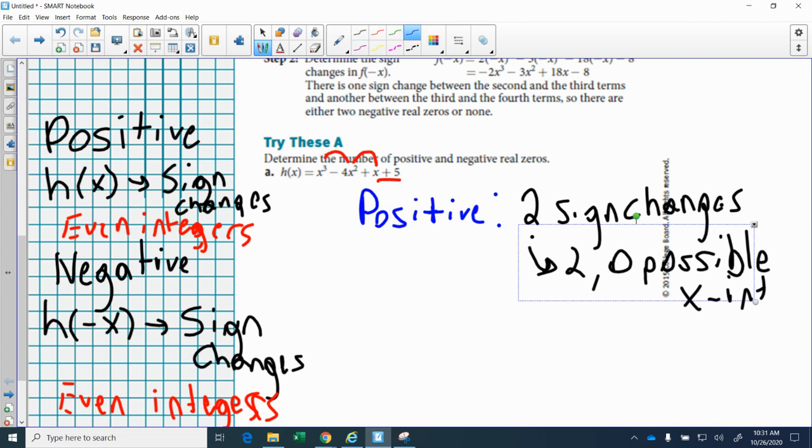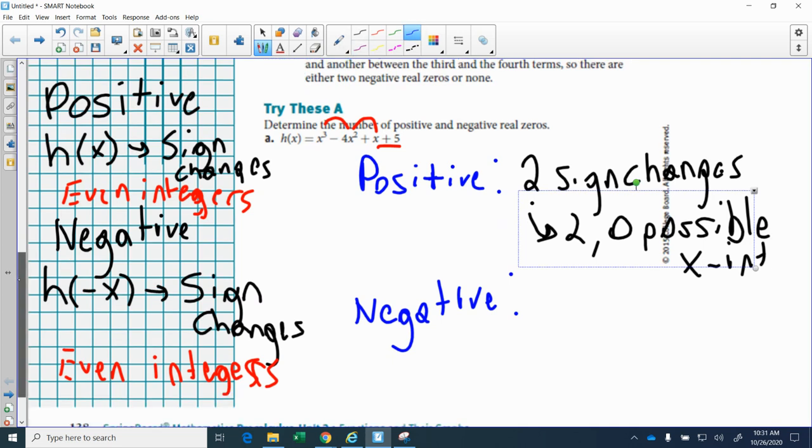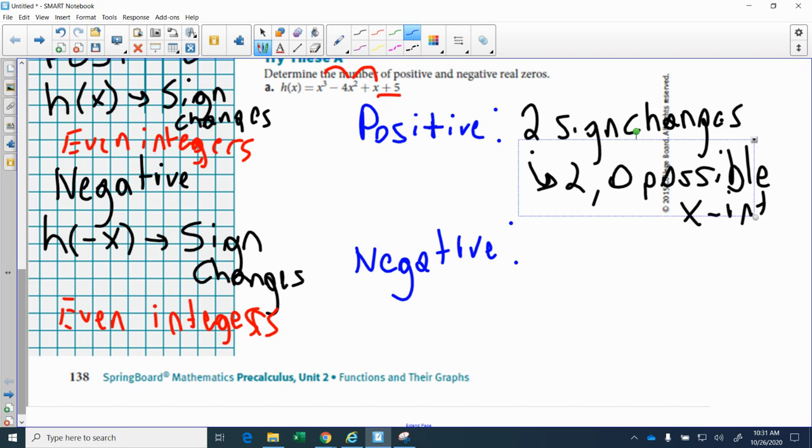Well, now let's do the same thing, but with negative. And when we find negative, all we have to do is plug in that negative x into my equation. So let's see what happens if I do that. This would be negative x cubed minus 4 times negative x squared minus x plus 5.